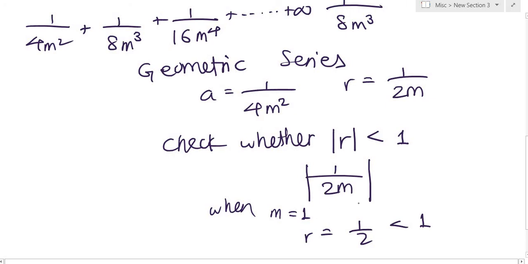And then as m increases, the denominator gets bigger, and this entire fraction is always less than 1, right? Because if the denominator is getting bigger, the entire fraction is getting smaller and smaller. So this holds true on this interval where m belongs to 1 to infinity. I'm sorry, 1, because m initially starts with 1, right?